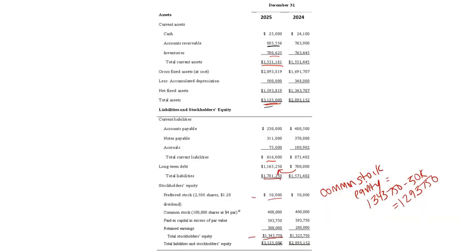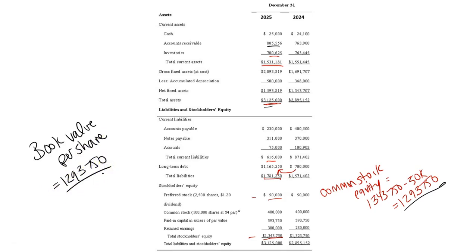We already calculated that common stock equity, so we can calculate book value per share. We divide it by the number of shares of common stock outstanding, which is 100,000. I know that because it says there's 100,000 shares, and it's also a footnote on the balance sheet. So that's $12.93.